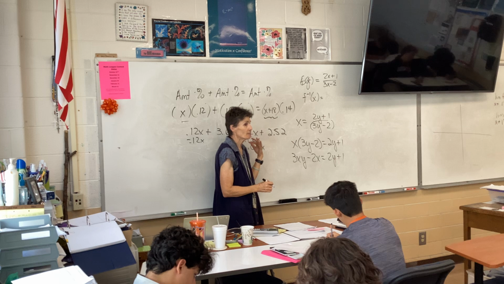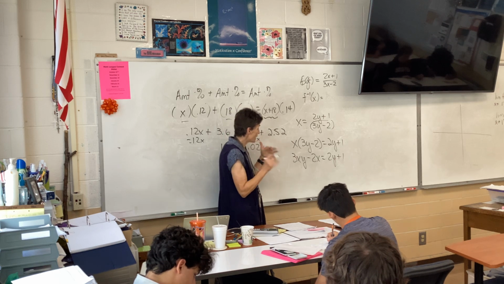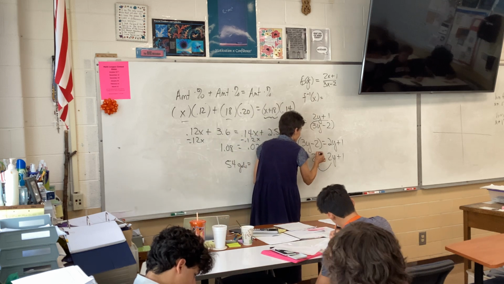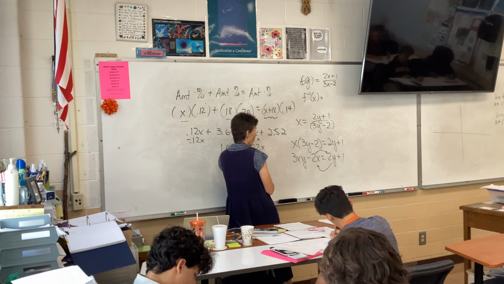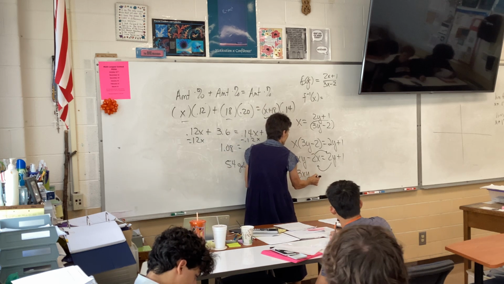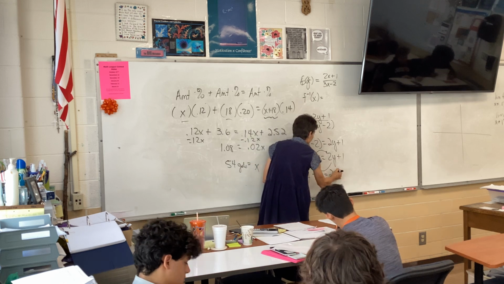Hey, is everyone keeping up here? Following what's happening? Yep. And then, because I'm solving for y, I have to do the great switch here. I have to get my y's on the same side. So 3xy minus 2y equals 2x plus 1.